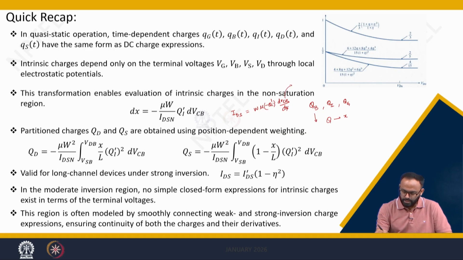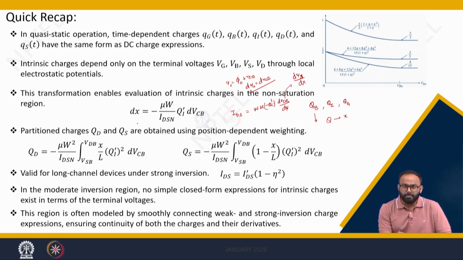In general, this is d psi s divided by dx, but we know when you are in strong inversion, psi s is nothing but phi naught plus VCB, or d psi s is equal to dVCB. That's what we have already done when we were discussing strong inversion in our DC case.